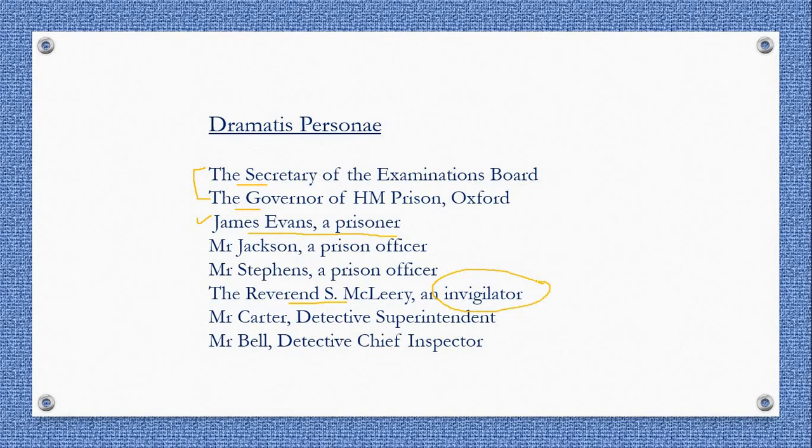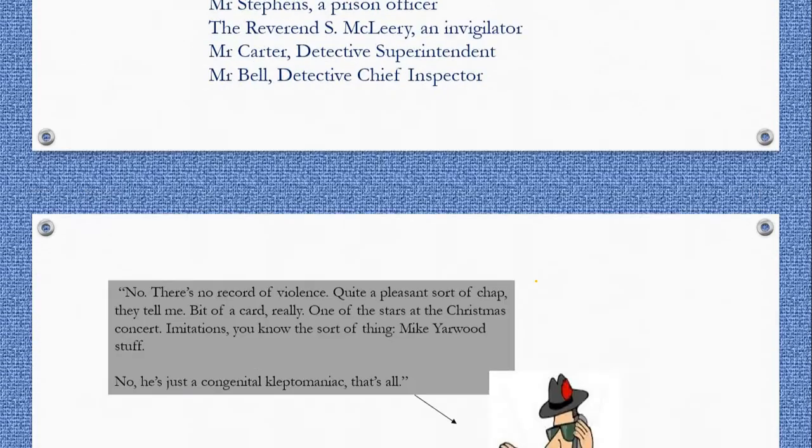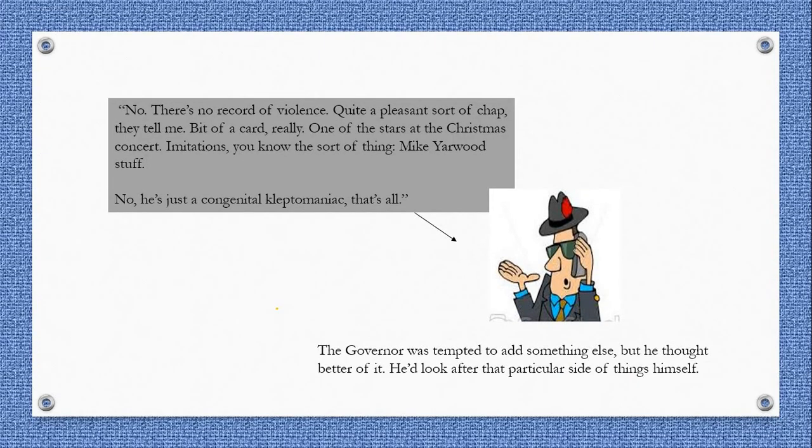The governor replies that the exam can be conducted in Evans' cell and an invigilator could be appointed for the same. So this is how they both then end their conversation by deciding on how and when the examination will be conducted.